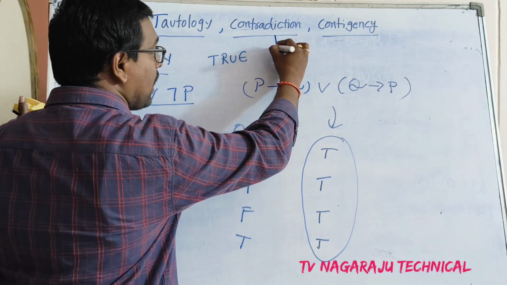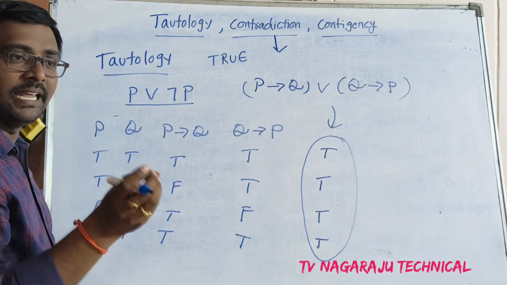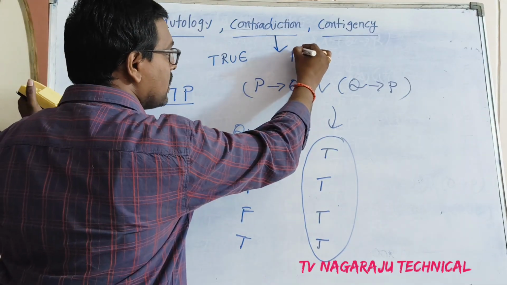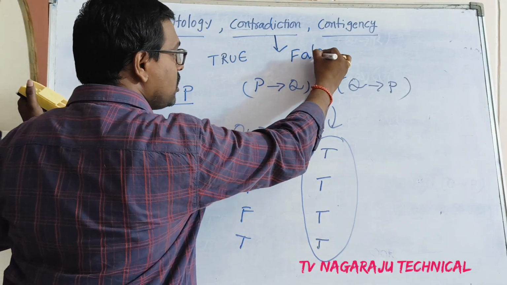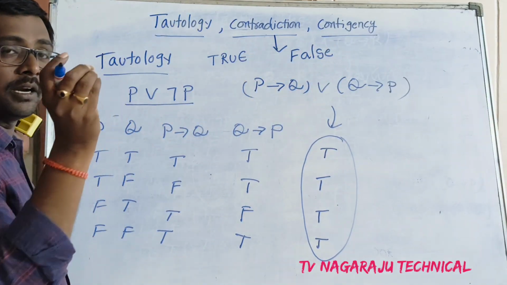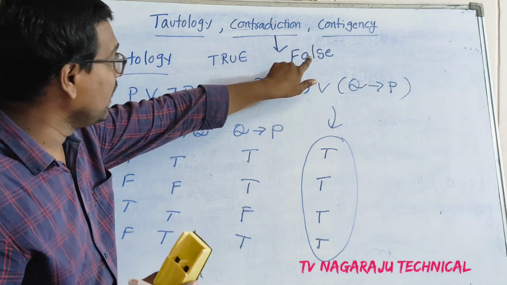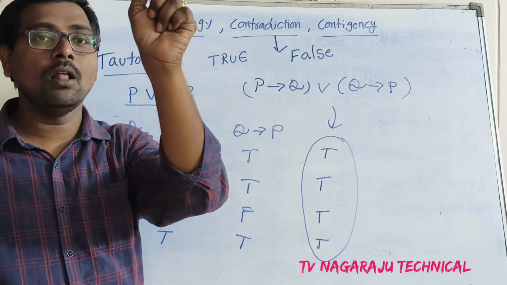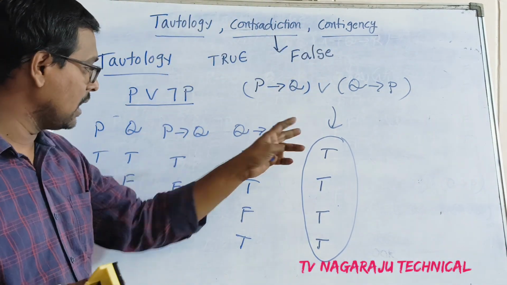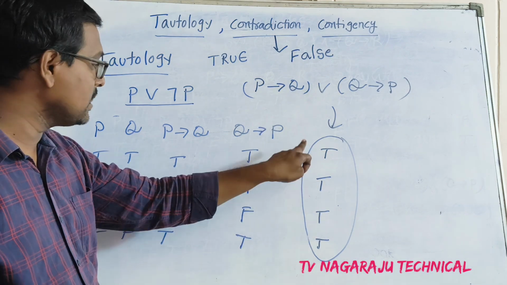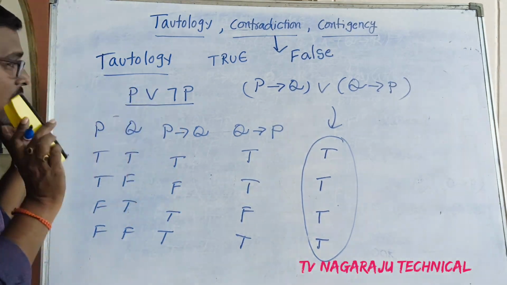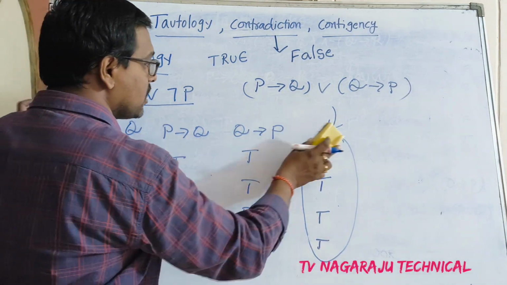Next one, contradiction, exactly the reverse. A proposition formula is a contradiction if it is false in all the combinations. Here it was true in all the combinations; in the similar sense, it is false in all the combinations.